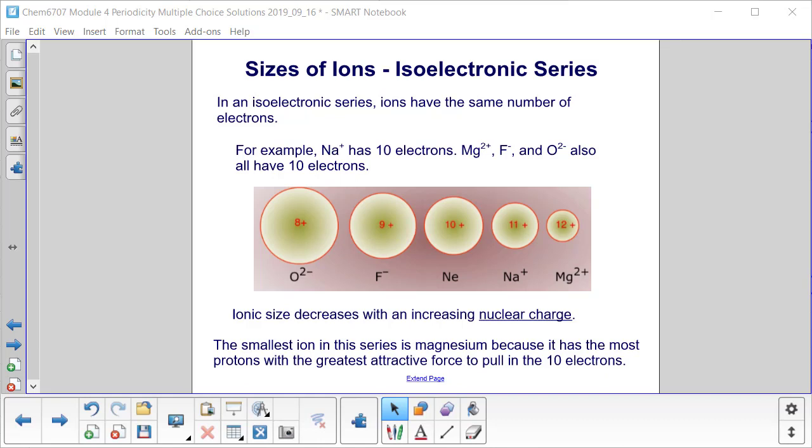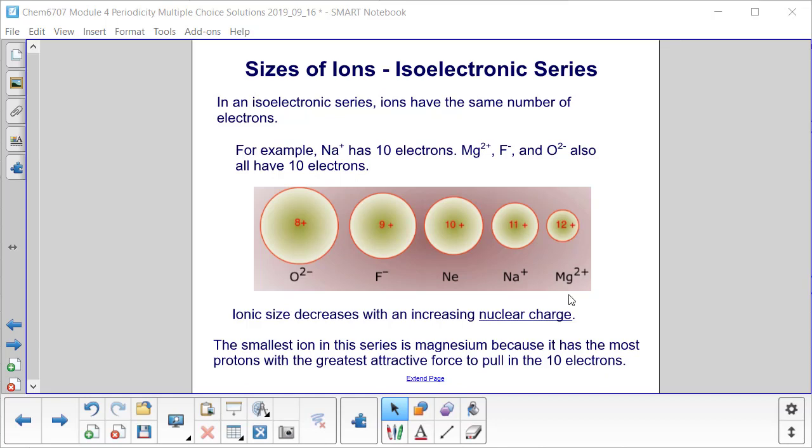In an isoelectronic series, ions have the same number of electrons. So for example, here, sodium +1, magnesium 2+, fluorine -1, oxygen 2-, and neon all have the same number of electrons. They all have 10 electrons.